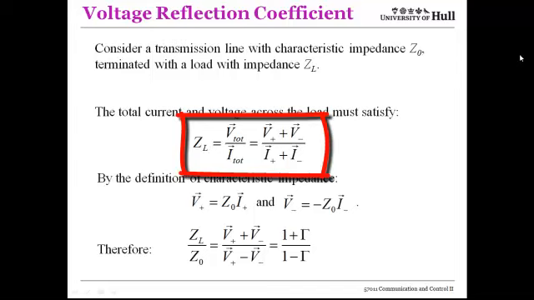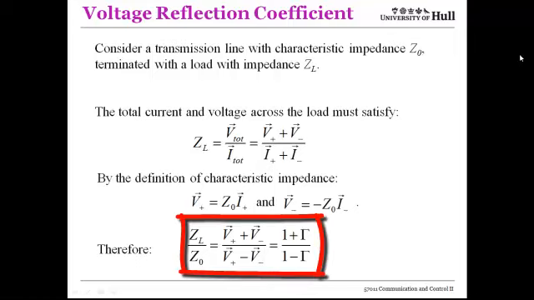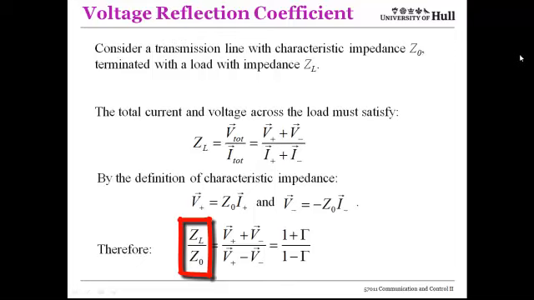Similarly, the total voltage at a point is a combination of the forward and backwards travelling voltages, and the current is the combination of the forward and backwards travelling currents at that point. Now, using our definition of characteristic impedance allows us to write an expression for the voltage reflection coefficient just in terms of the ratio of the load impedance and the characteristic impedance of the line.